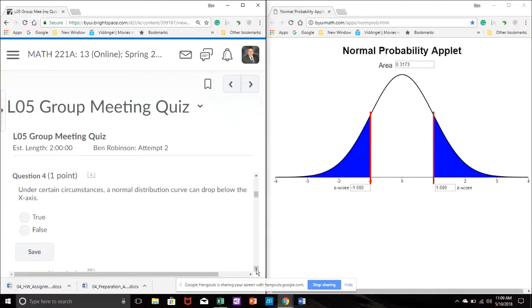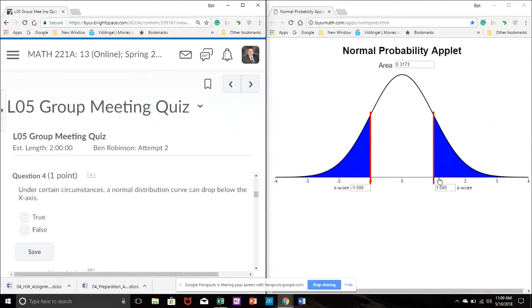True. I think it's false. Oh, you think? Because this is the x-axis. Just under or above, right? It says. Yeah. This is the x-axis here.